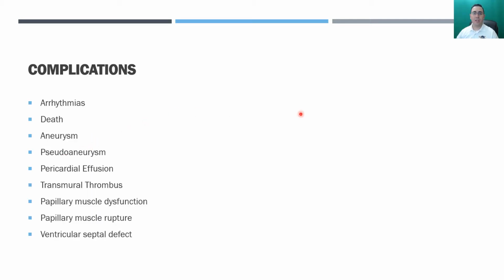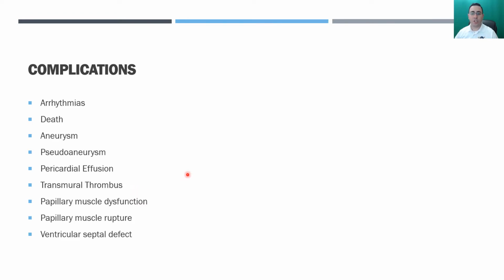So now, complications of ischemia or ischemic disease. We have arrhythmias, death, aneurysm, pseudoaneurysm, which is a false aneurysm, pericardial effusion, and this pericardial effusion after myocardial infarction, we call Dressler Syndrome. We have thrombus, right?